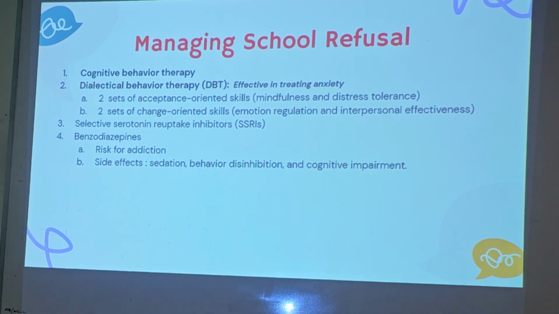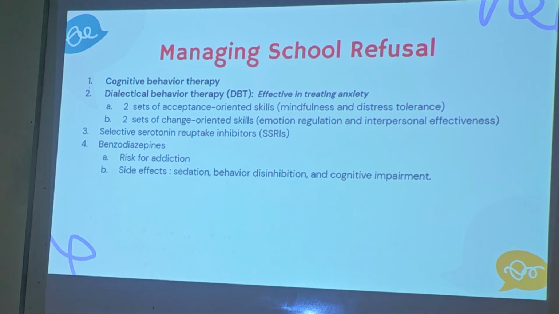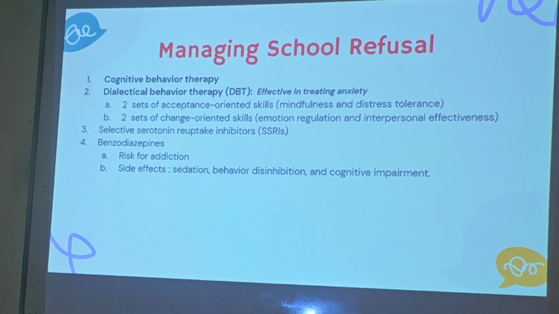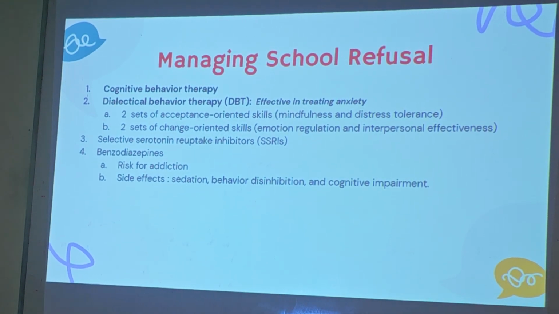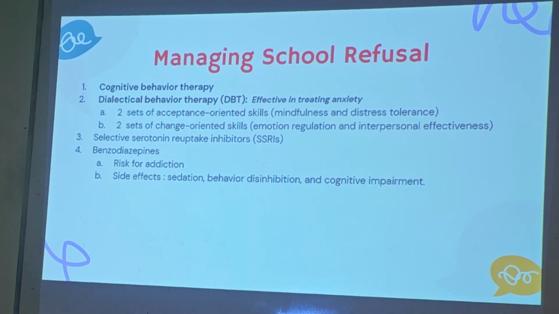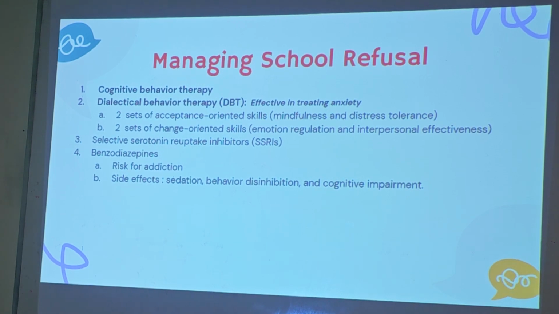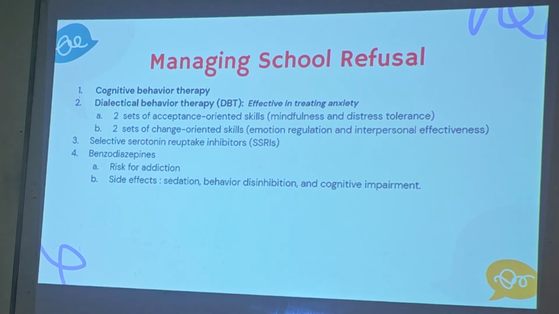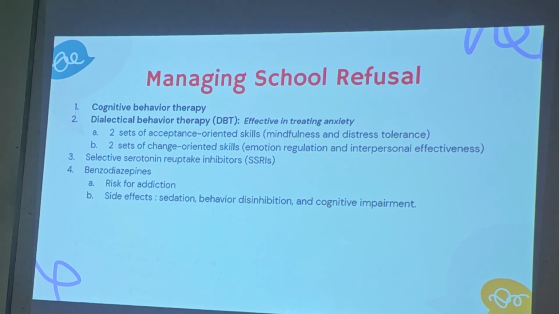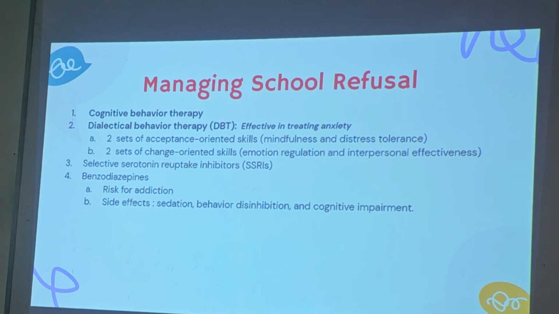Managing school refusal, first we can suggest cognitive behavioral therapy. Next we can suggest dialectical behavioral therapy, which is seen to be effective in treating anxiety. DBT has four components in two sets: two sets of acceptance-oriented skills, and two sets of change-oriented skills.